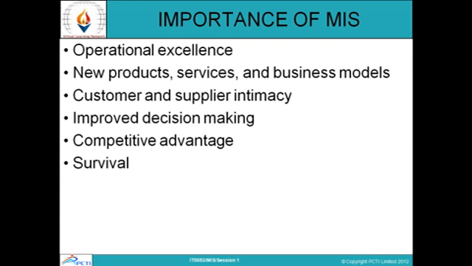Now let's talk about the importance of MIS. It provides operational excellence. MIS provides operational excellence to employees. New products, services and business models are offered. Customer and supplier intimacy can be generated.